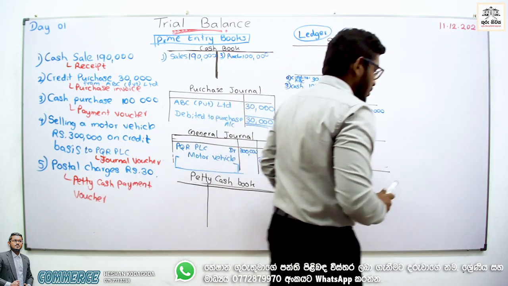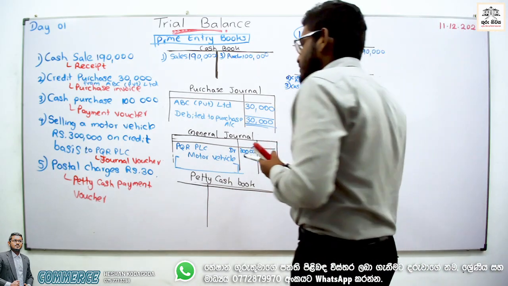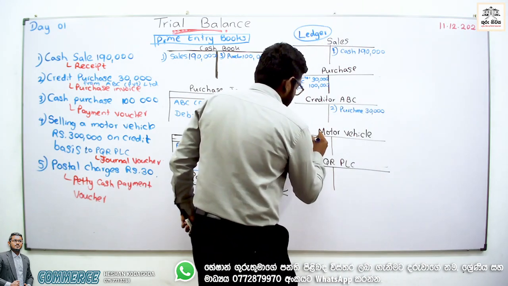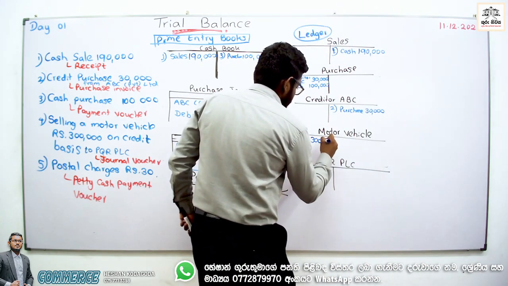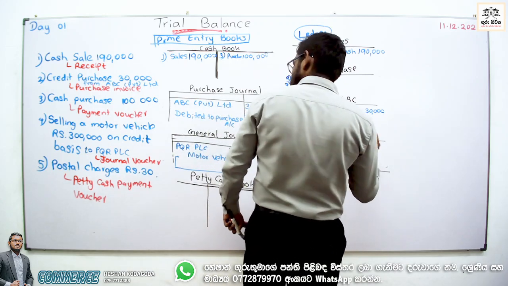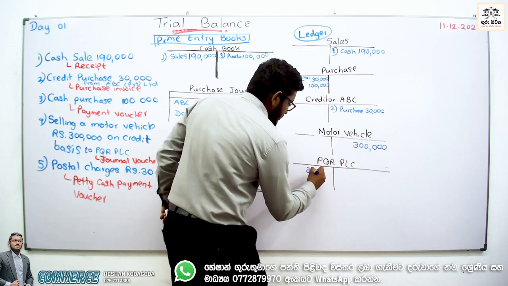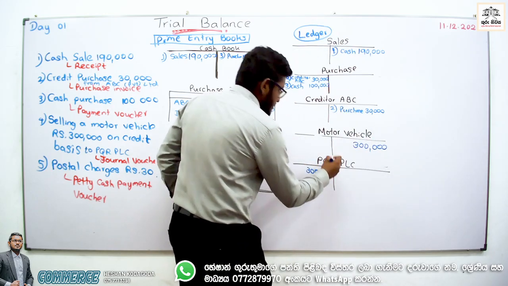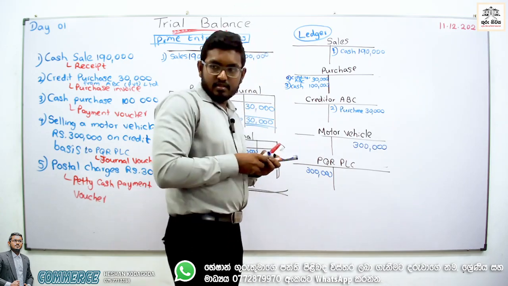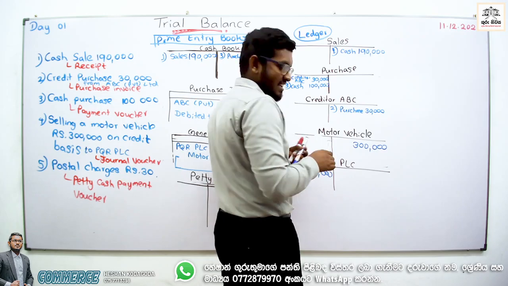So we can write the double entry in here. What is the double entry? Motor vehicle account debit 300,000. Credit 300. PQR account debit 300. This is a non-current asset. Can you remember? This is a non-current asset. Right?